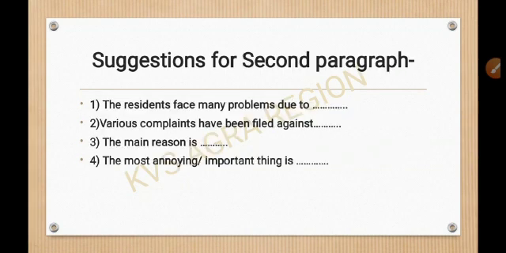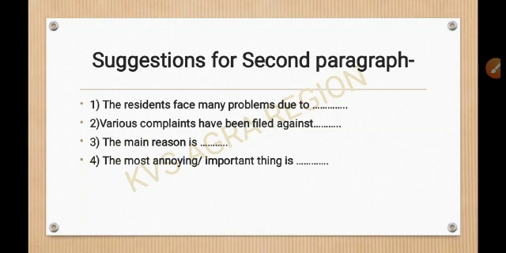Now, here are a few suggestions for the second paragraph for continuing the letter. You can start the second paragraph by writing: the residents face many problems due to, and then you can mention the problem. Various complaints have been filed against, and you can mention the problem here also.